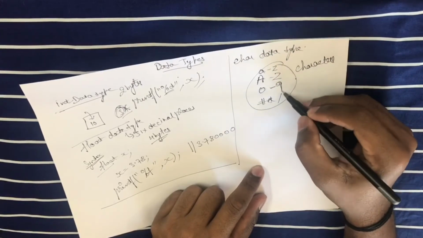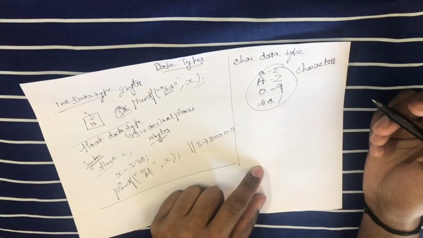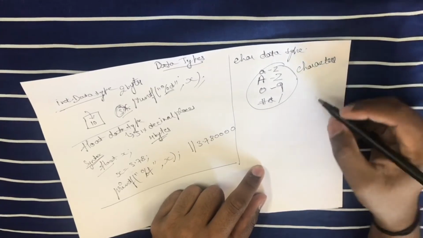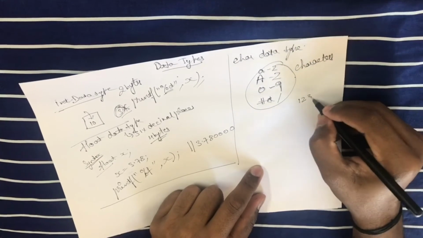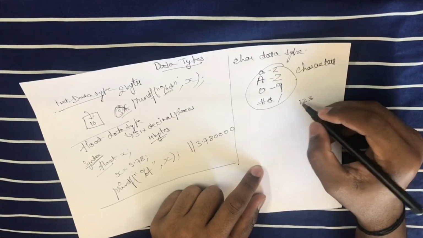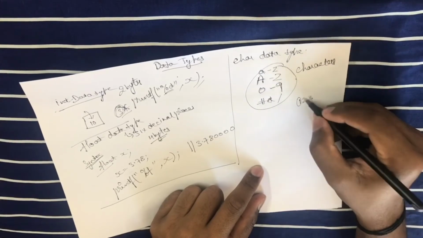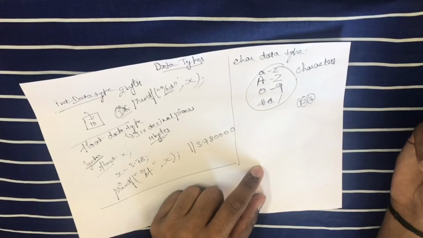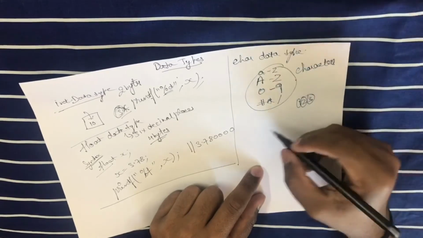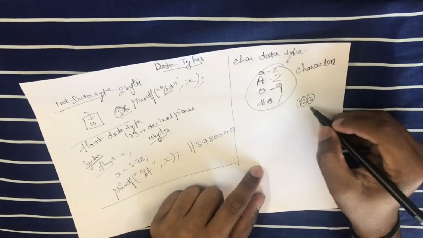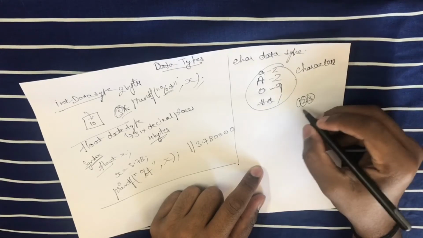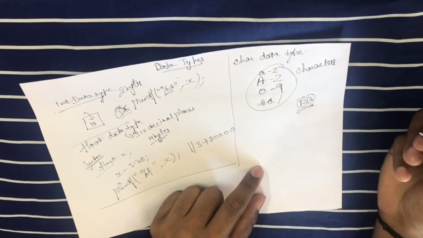These are like symbols. I have not written 10, 12, 13, 123 or something, because if I write 123 for a character variable, these are 3 different character data. So in the char data type we can store only any one of these 3 characters.